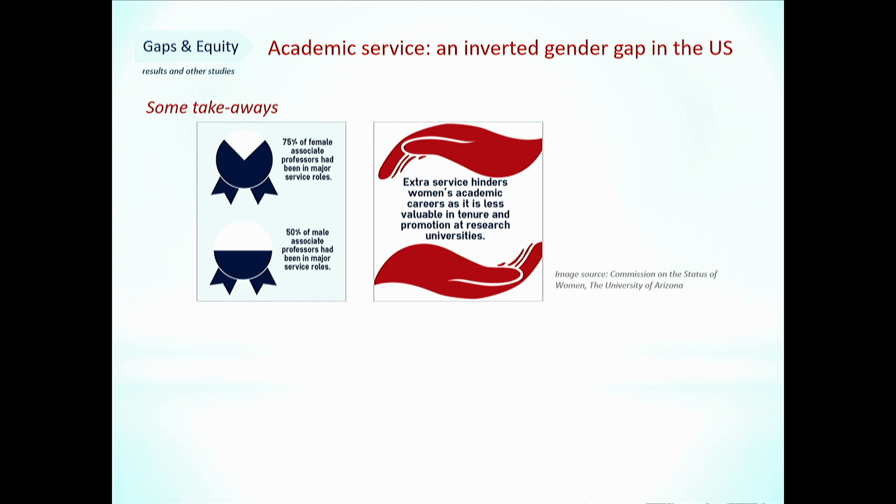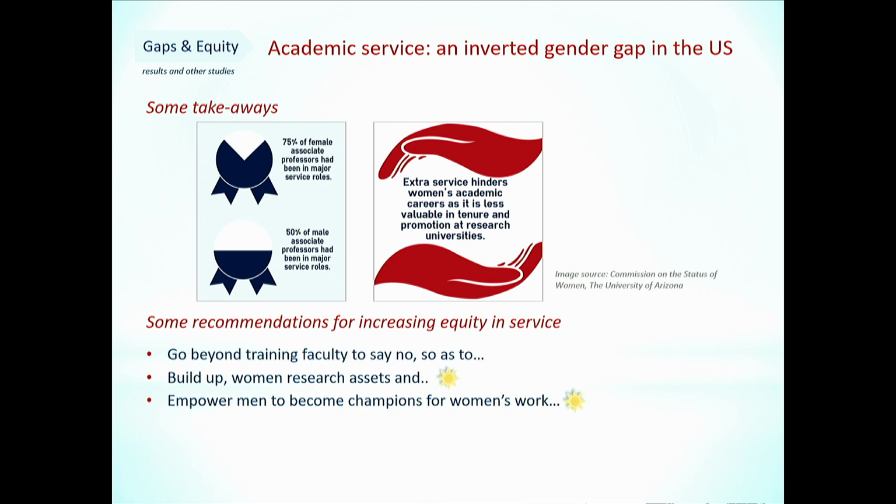I have sort of a breakdown at this associate professorship level. 75% of females engage in major service roles versus 50% of males. Extra service hinders women's academic careers, that it is less valuable in tenure and promotion at research universities, and in effect takes away from research time, which is the kind of thing that leads to the publications and the gender gaps we've been seeing as documented by the project.